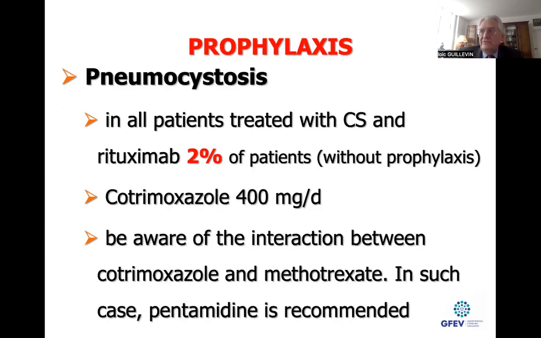Do not forget the prophylaxis against pneumocystosis. And 2% of patients taking rituximab have these side effects. You can prevent the side effect with cotrimoxazole, that you should stop only when immune reconstitution has occurred, not after the end of treatment.